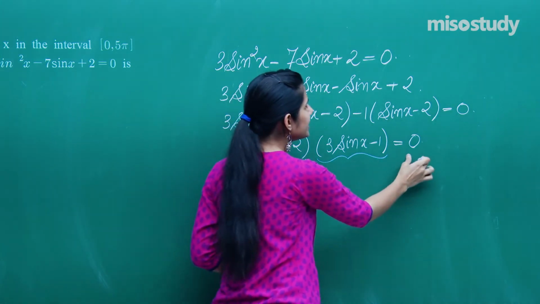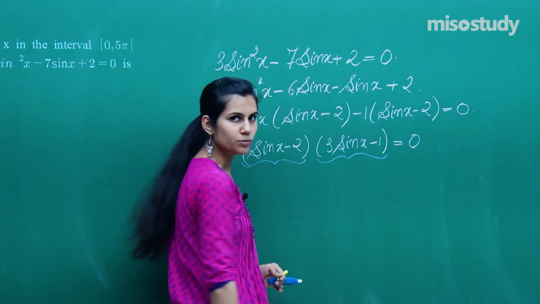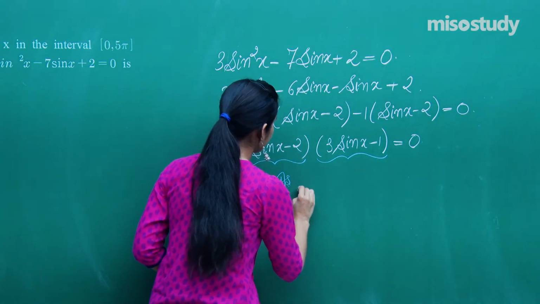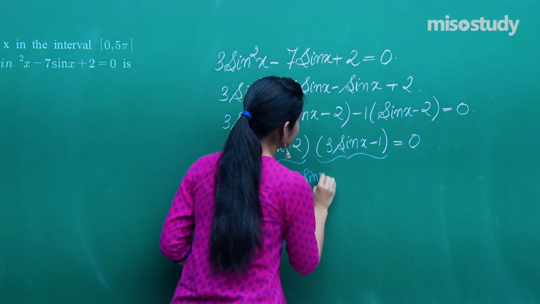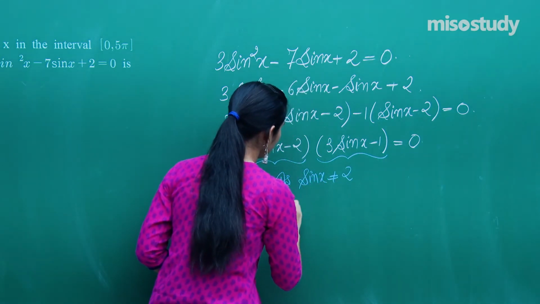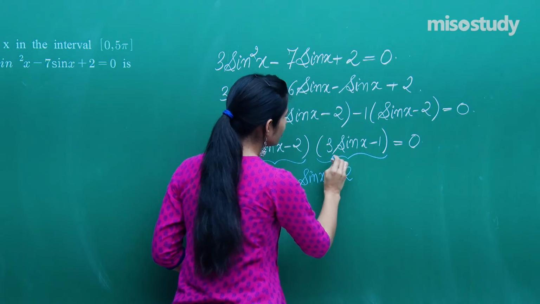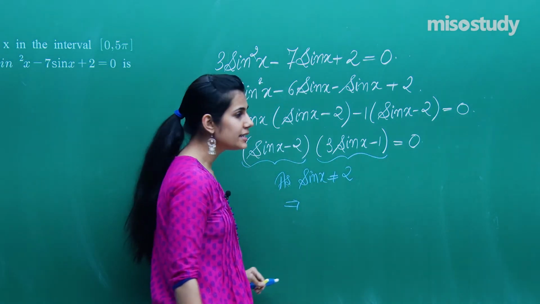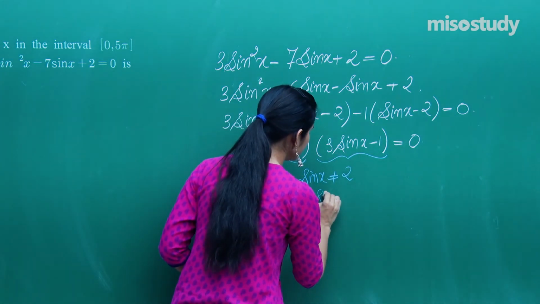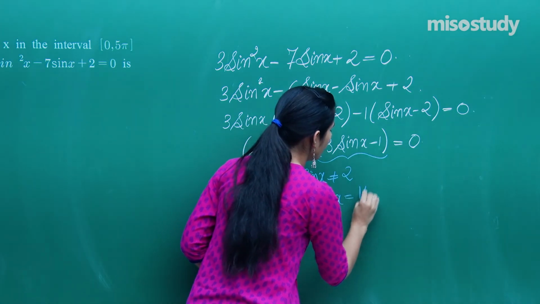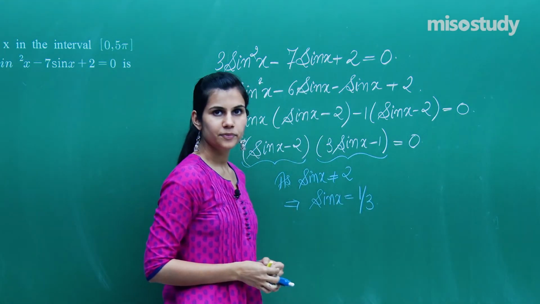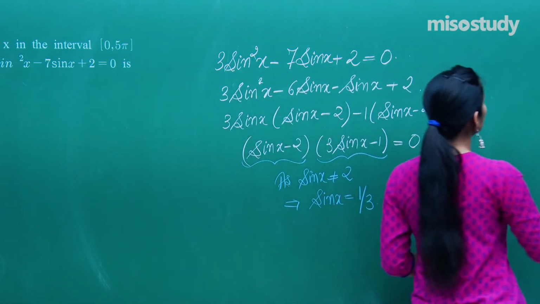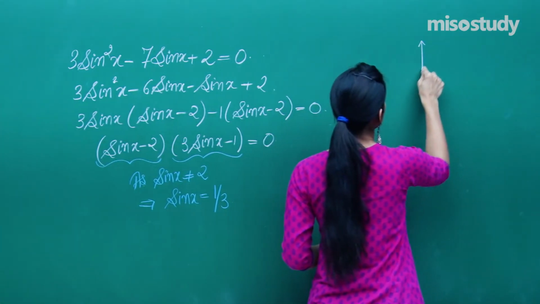But the product is 0, that means this has to be 0. So as sine x cannot be equal to 2, for the product to be 0, 3 sine x minus 1 will have to be 0. That means sine x will have to be 1 by 3.